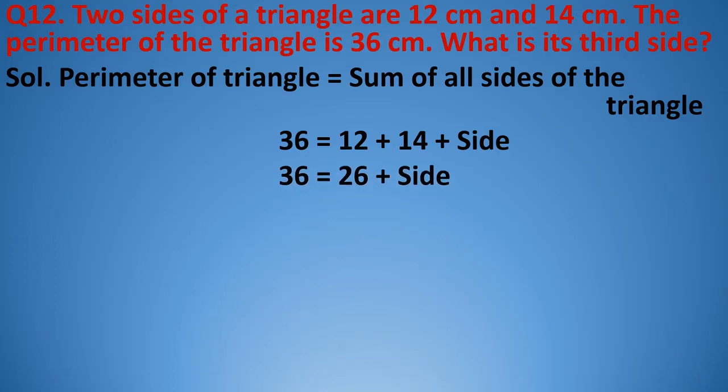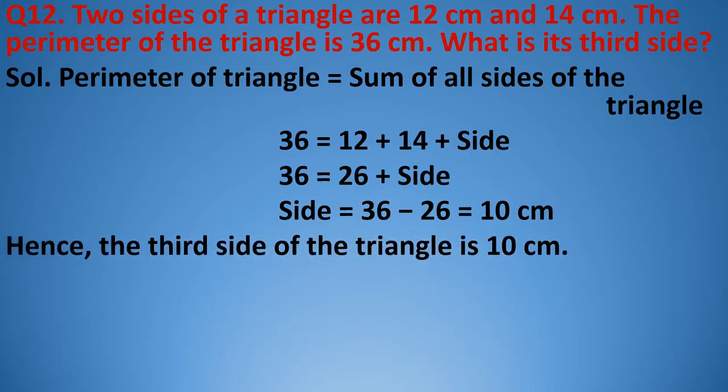And third side we don't know, so we will write down plus side only. So 36 centimeter equal to 12 plus 14 is 26 plus side. Now we have to find out the value of side. So this side equal to 36 centimeter minus 26 centimeter equal to 10 centimeter. Hence, the third side of the triangle is 10 centimeter. Clear? So, what we have done today?